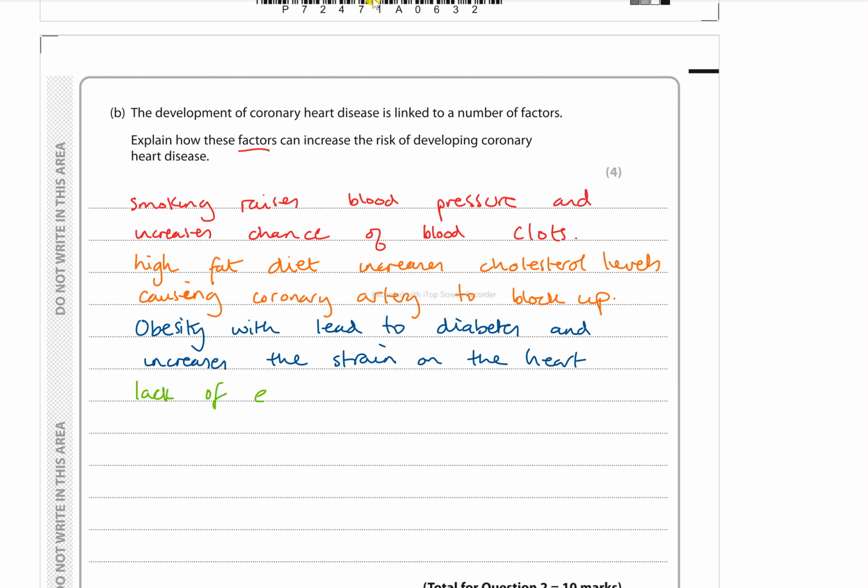Lack of exercise means the heart has to work harder to pump blood around the body.